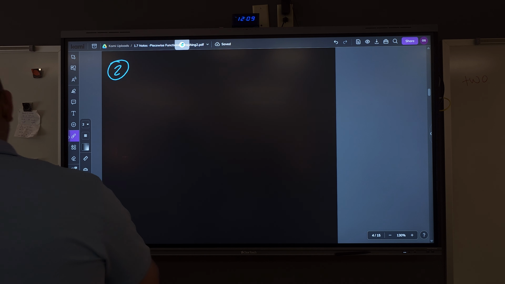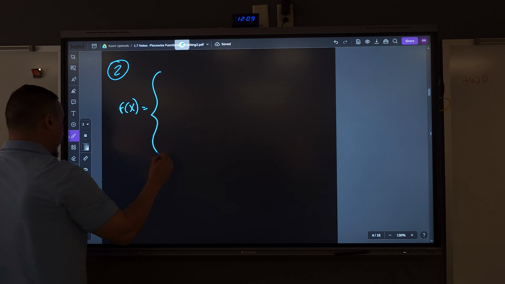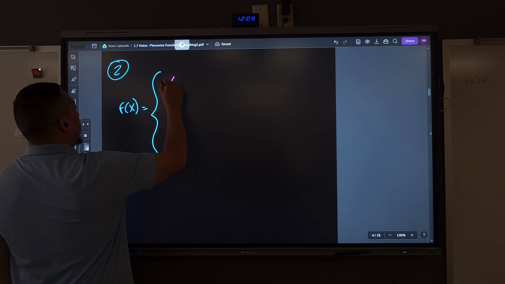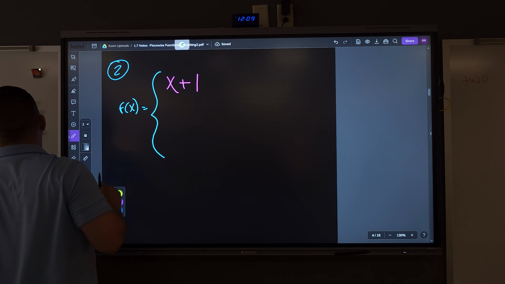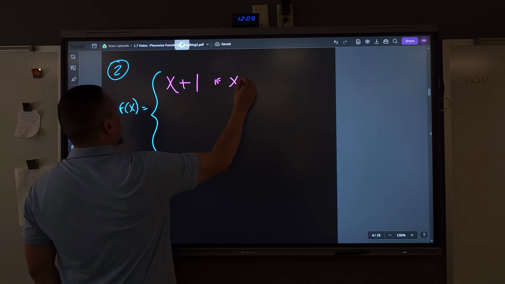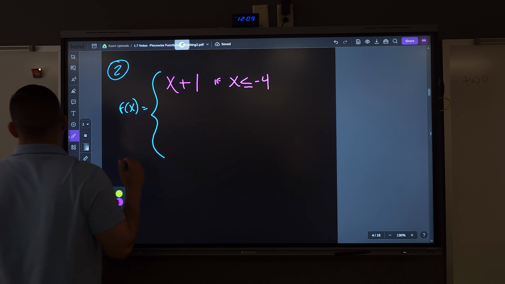Okay, example 2. F of x equals these three. Let's do x plus 1 if x is less than or equal to negative 4.